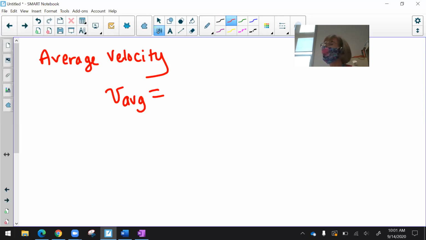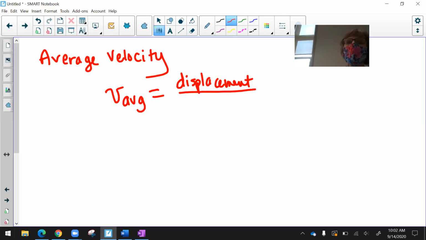Dagny. It's not the average speed over a certain amount of time, because that would actually give you really weird units, right? Okay, Annabelle, you want to try? It is, in fact, your displacement over whatever your change in time is, okay?